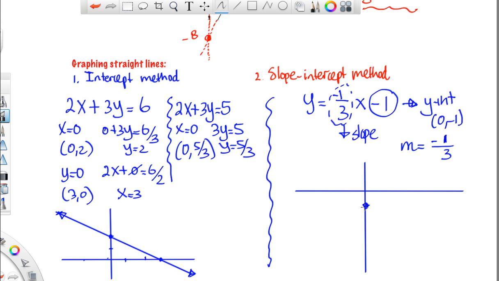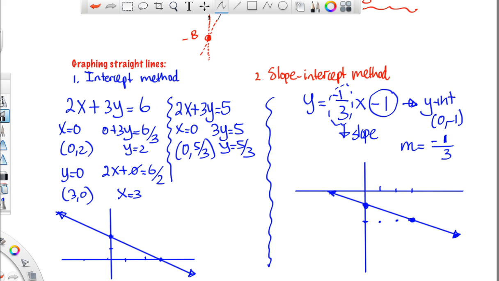So for the next y value, you need to go down 1 and over 1, 2, 3. So that point must be on the line. So then you just connect those two, and then you have a straight line for this. Okay, great method. Doesn't require a lot of work, and it gets you your values fairly easily.